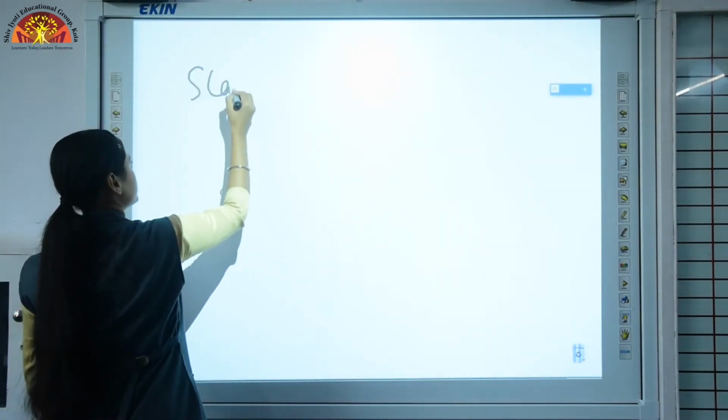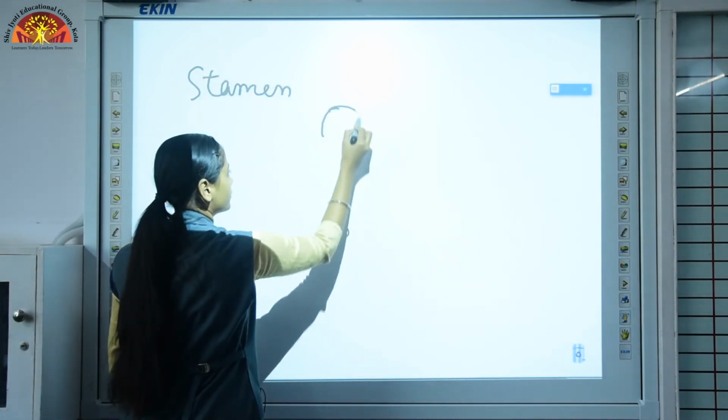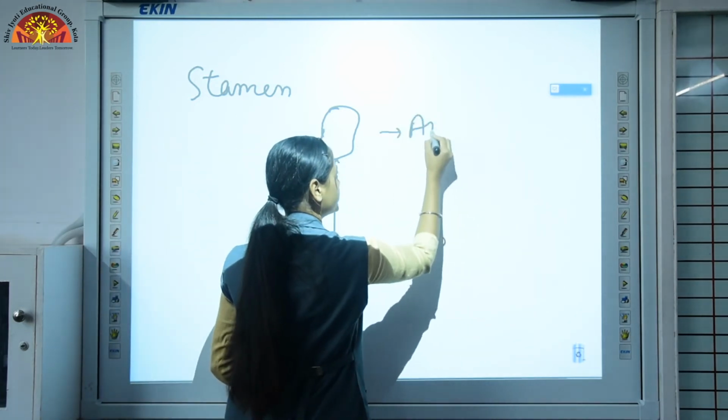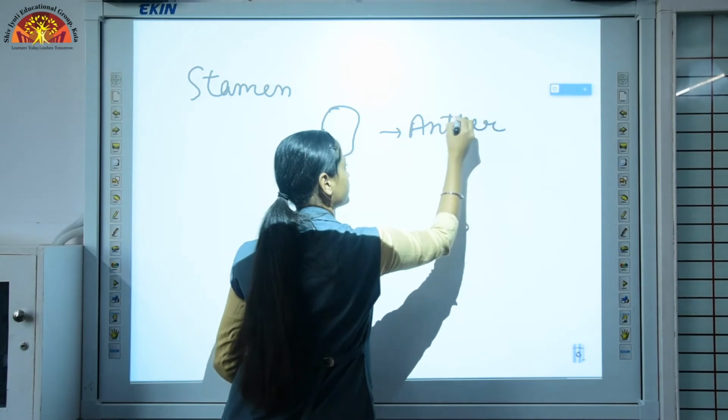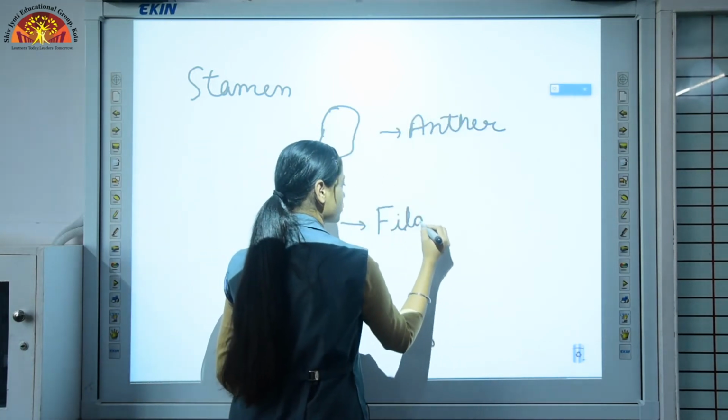Now stamen has 2 parts. This is anther, the top part, and this long tube-like part is filament.